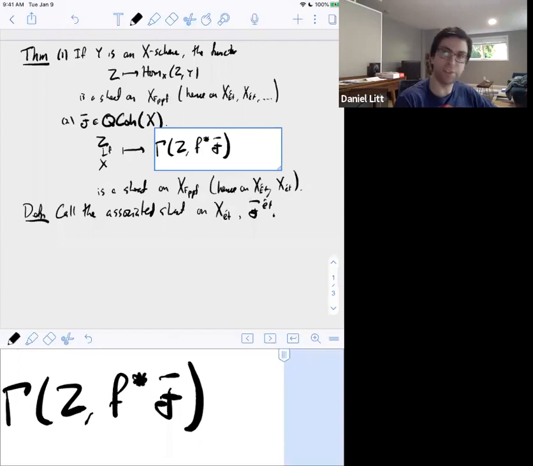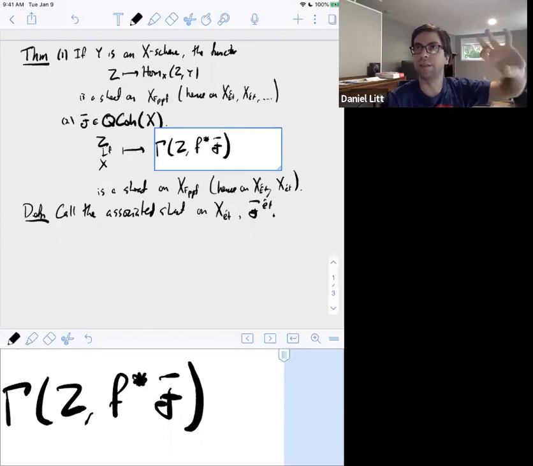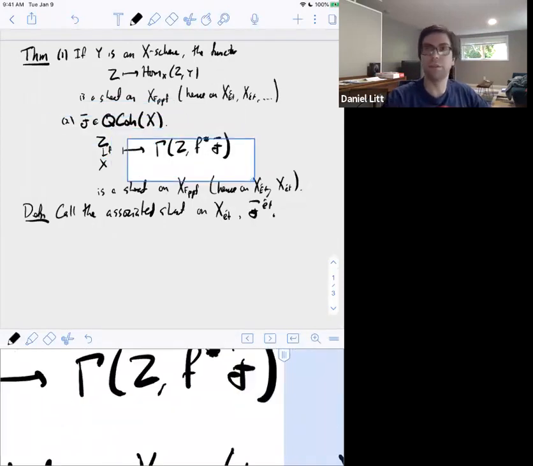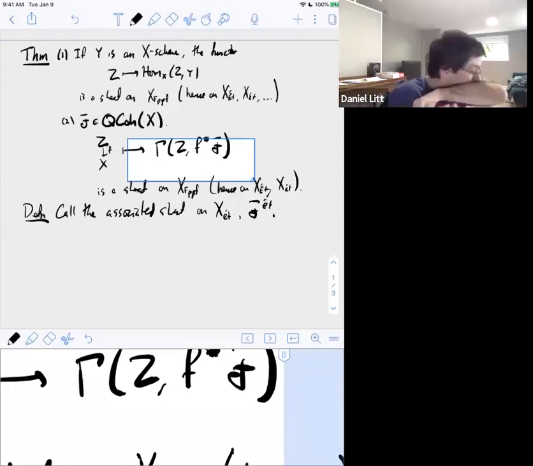This definition of F star, let me remind you, is not just pullback on bare sheaves. You pull back the sheaf, you take the inverse image of the sheaf, and then you tensor with O_Z. And that's something that will only make sense if F is quasi-coherent. So even the statement of this part two is only about quasi-coherent sheaves. Does that answer your question, Arvind?